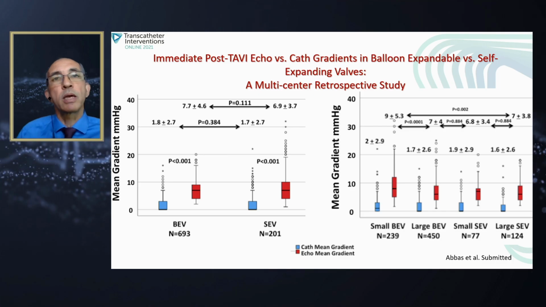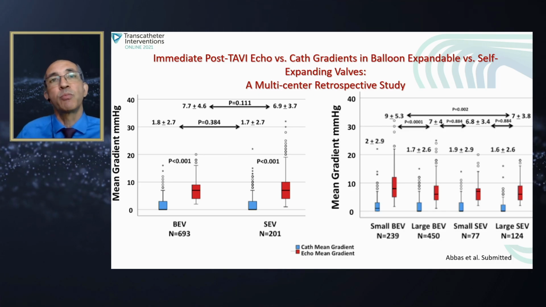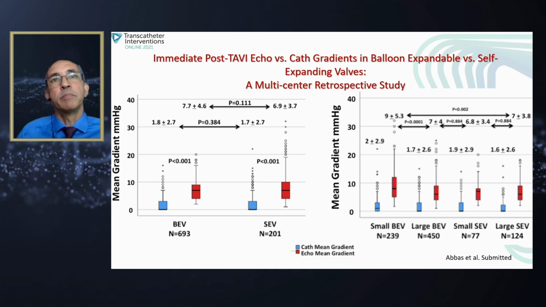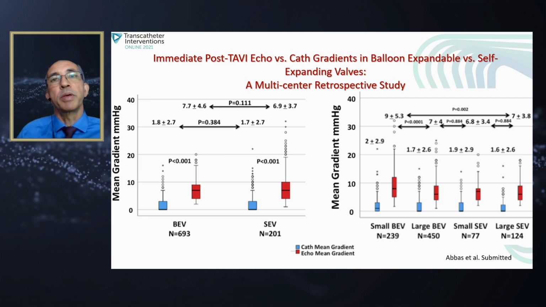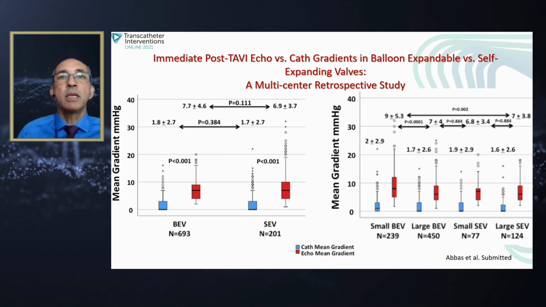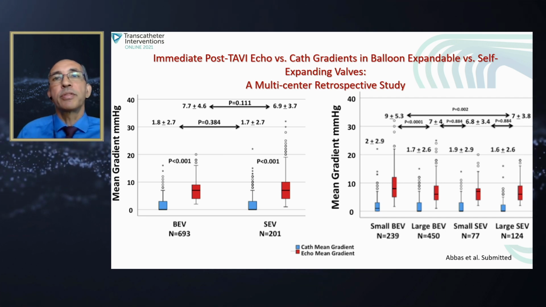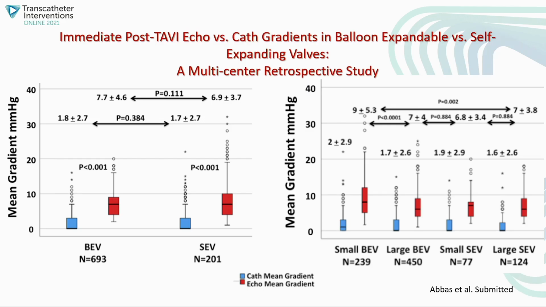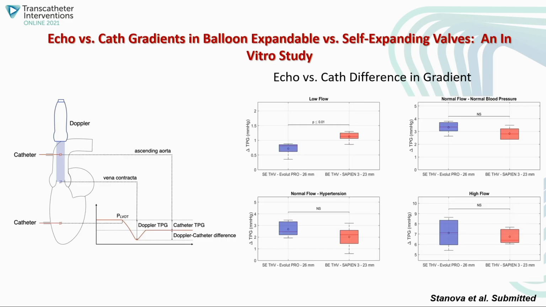This is really where Doppler was measuring a much higher gradient than with catheter. In the other categories, the large balloon expandable valve and the small and large self-expanding, there were still some differences because Doppler will always measure higher gradients, but the difference was not as important and maybe not as clinically relevant.